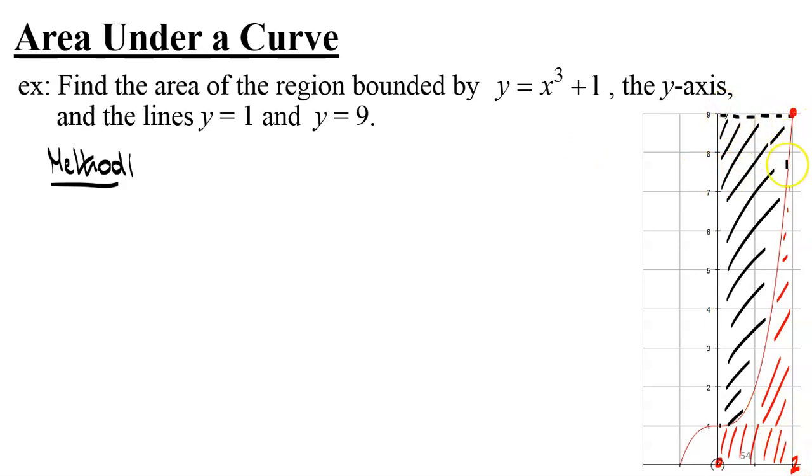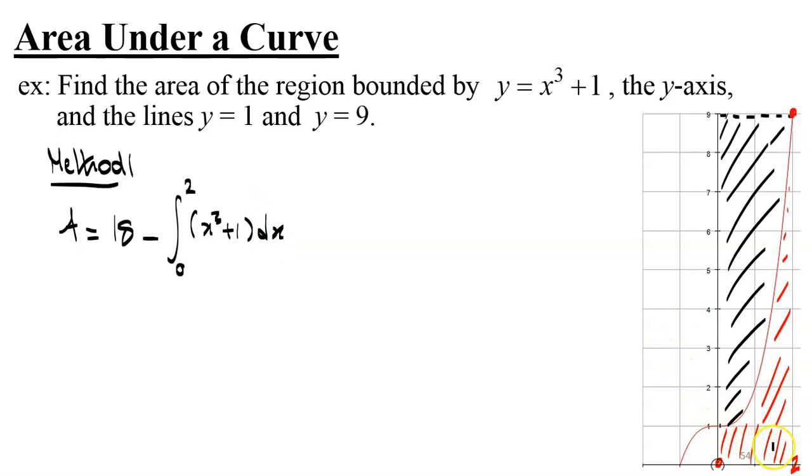So over here, for the area of the full rectangle, I have 2 units, and here I have 9 units. So the total area of the rectangle is in fact 2 times 9, which is 18. So the area is 18 minus the integral from 0 to 2 of the function x cubed plus 1 dx.